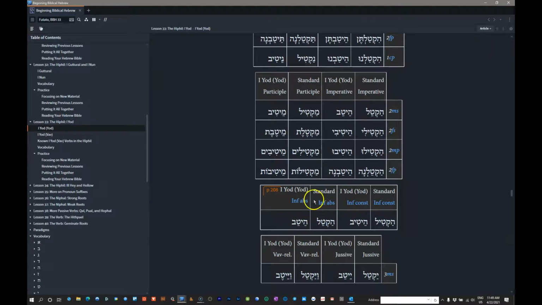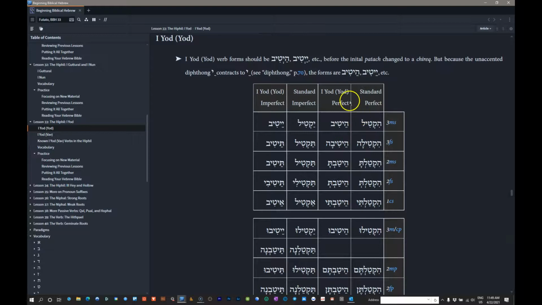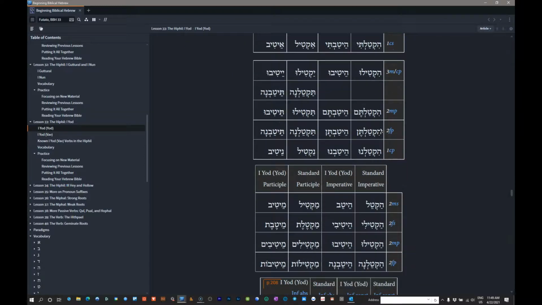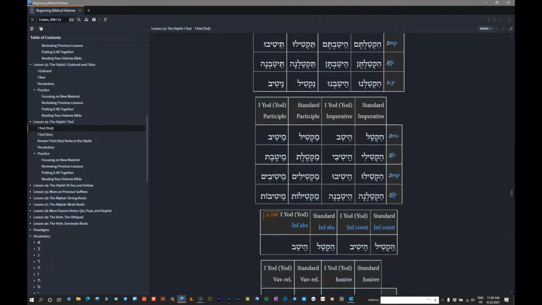So you can still distinguish those from the infinitive construct, but you are going to have a harder time distinguishing the infinitive construct from the one yod Hiphil perfect. And again, the reason for that is when it wasn't a one yod, you could tell the difference because the perfect had an I class vowel and the infinitive construct had an A class vowel.